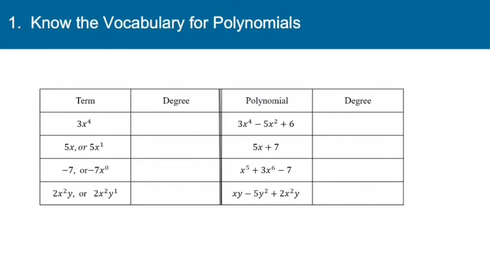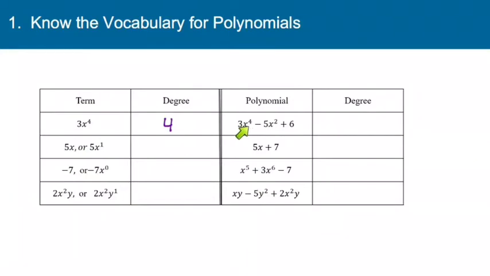So let's practice a little bit. Here is a single term. This is 3x to the 4th. The degree of this term would be 4 because that's the exponent on the variable. Now look over here and you see a polynomial that contains 3x to the 4th.